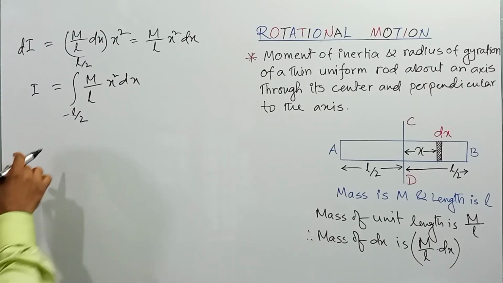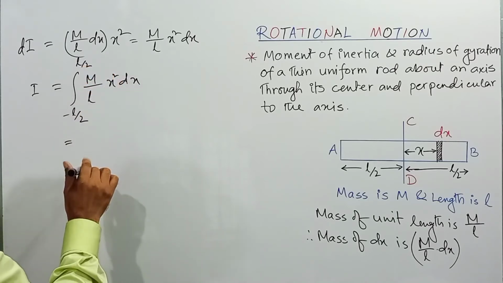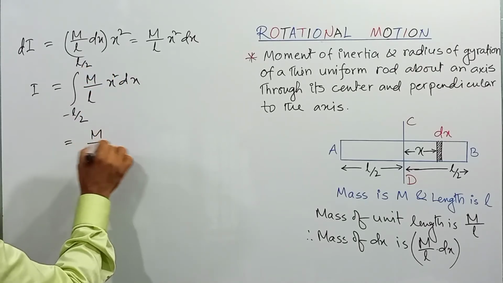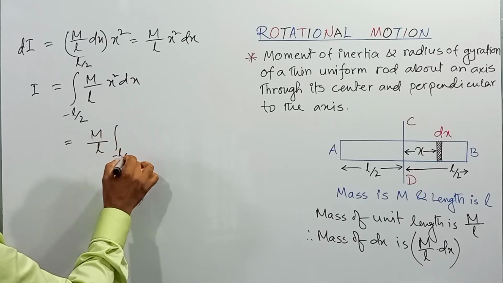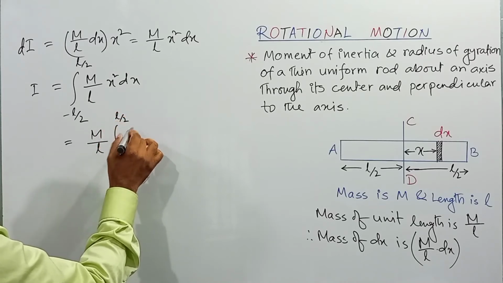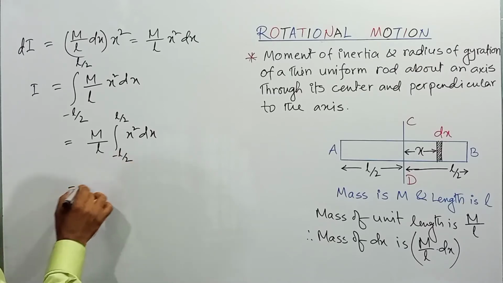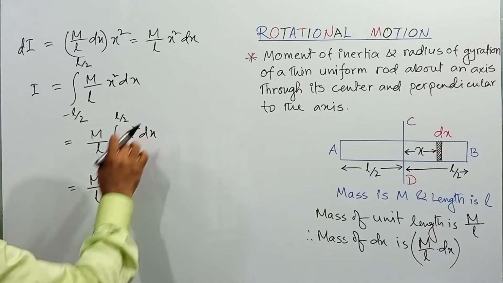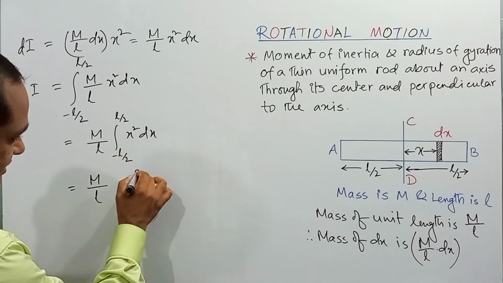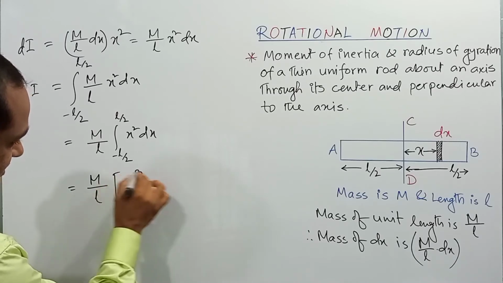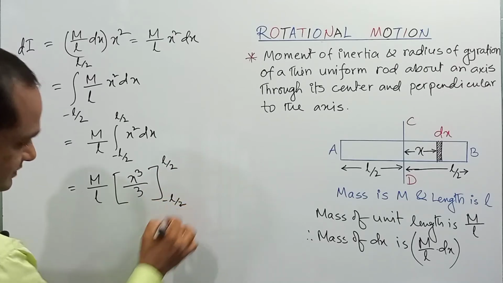Dear student, after the calculation you will see M and L are constant quantities, so we can take them outside the integration: M by L, integration from minus L by 2 to plus L by 2 of x square dx, right. So M by L, after integrating x square with respect to x, you will get x cube by 3, from minus L by 2 to L by 2.